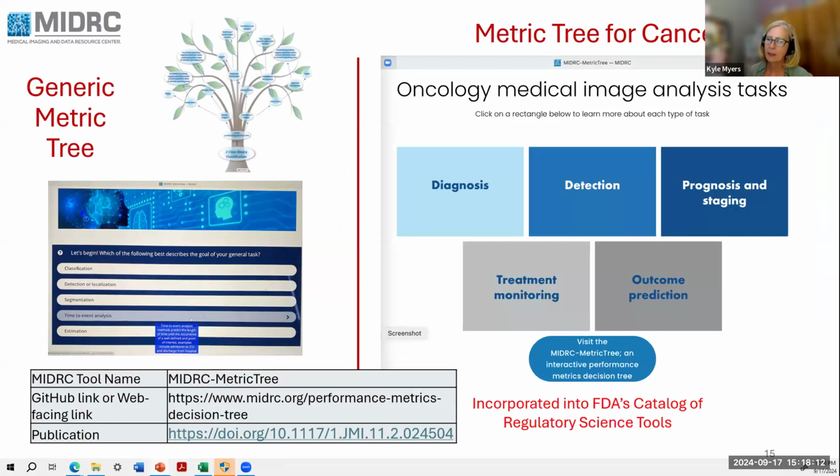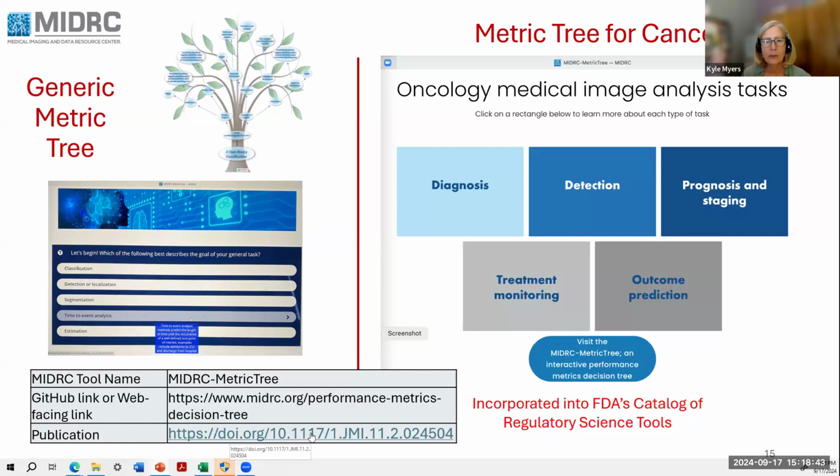And depending on whether your task is classification versus segmentation versus estimation, this will walk you through the various sub-elements of that decision process around the development pipeline for your algorithm and support you in choosing an appropriate figure of merit, pointing you to literature, pointing you to software tools that might help in your evaluation. And again, here is the link, here's the publication for that tool.